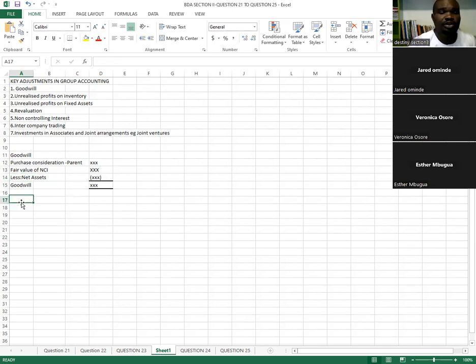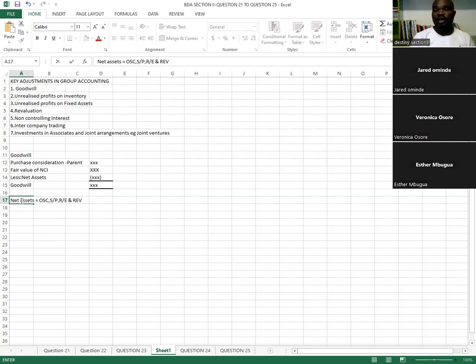So another question: what are these net assets? Net assets are the equity. So, in short, ordinary share capital, share premium, retained earnings, and revaluation. Those are the net assets. In finance, net assets is assets minus liabilities.